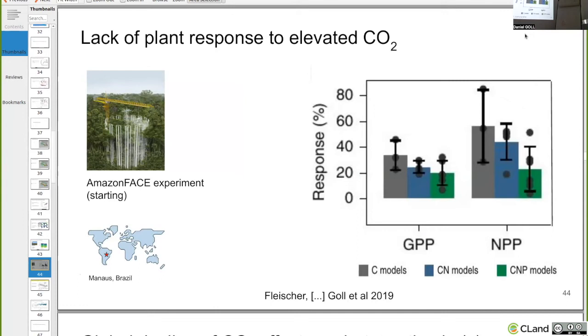We found that carbon-only models usually predict a higher response of GPP or NPP than, for example, a phosphorus model, and this was generalizable among these types of models. This gives some further confidence that phosphorus is limiting on top of nitrogen, because we use several models and thereby can capture some of the uncertainty, since each model describes this uncertain process a bit differently.